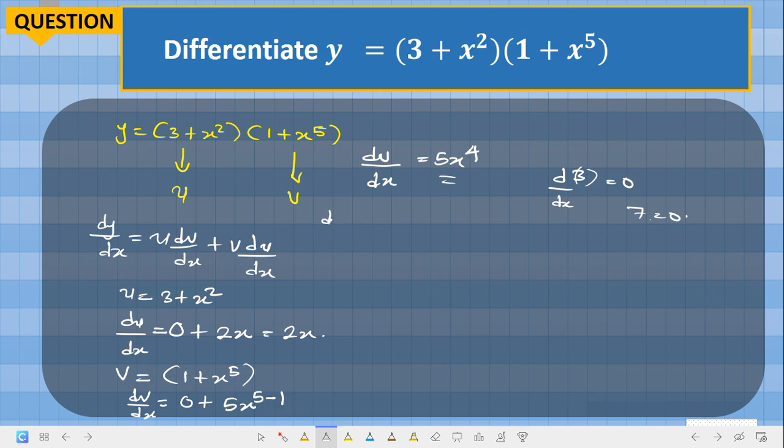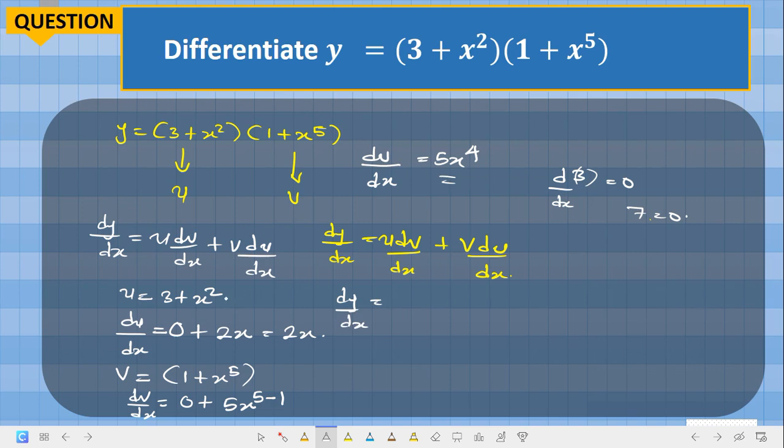Now putting it to the formula, the formula says that our dy ds is u dv over ds plus v du over ds. So in this case, our dy ds would be equal to, what is your u?